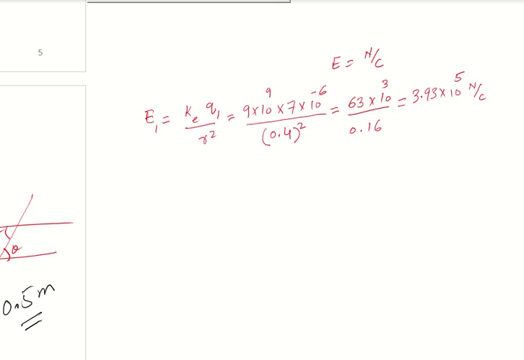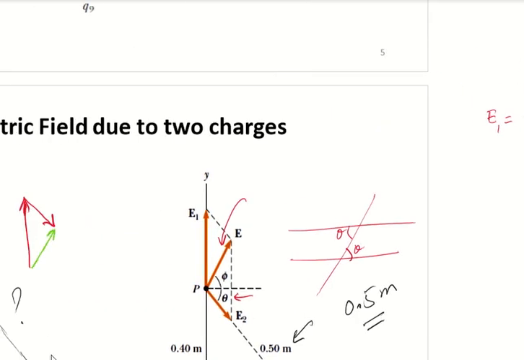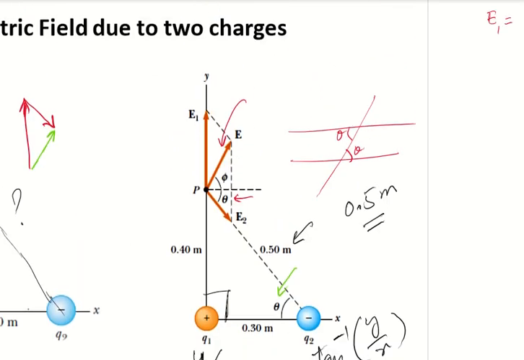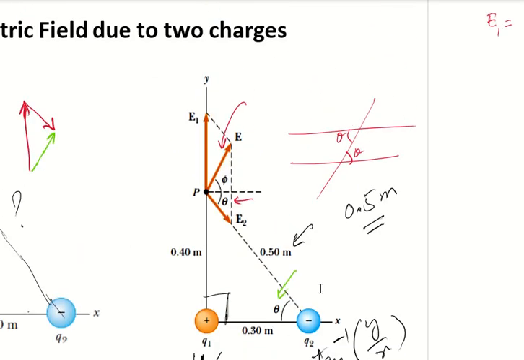And you should see from this figure that the field due to charge Q1 has only one component.